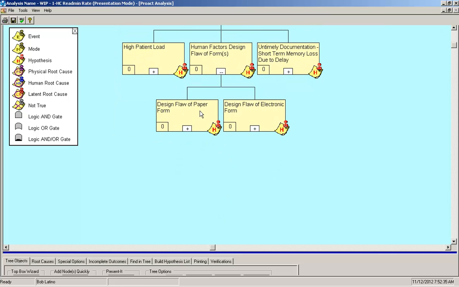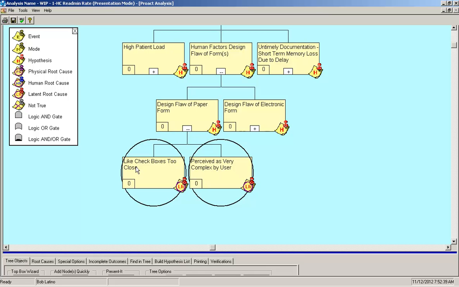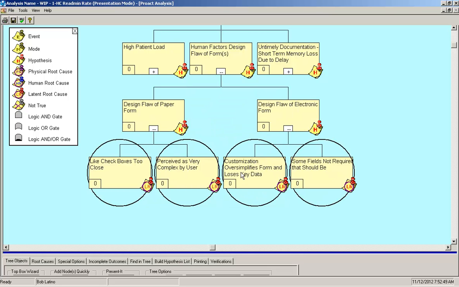We could have a paper form or an electronic form. On the paper side, we have checkboxes that are too close, making it easy to mix up, and forms perceived as very complex by the user. On the electronic side, customization oversimplifies the form and loses key data. Also, we have some fields not required that actually should be.